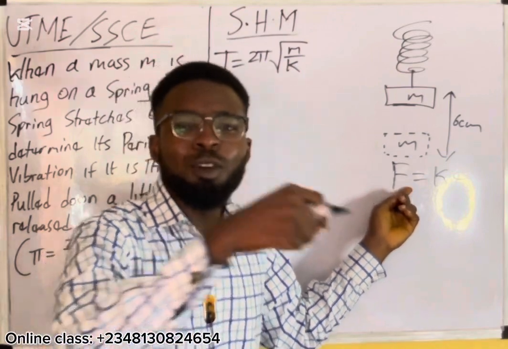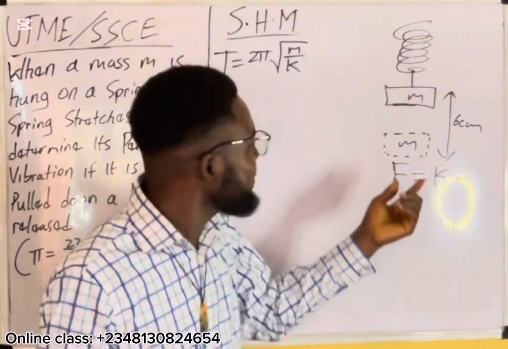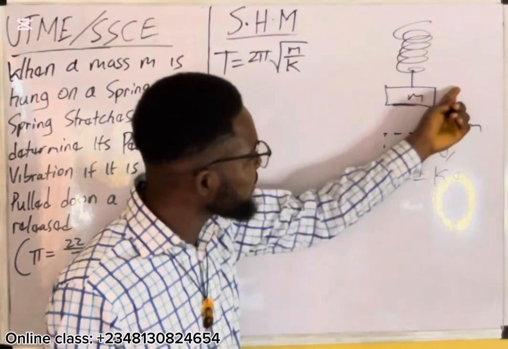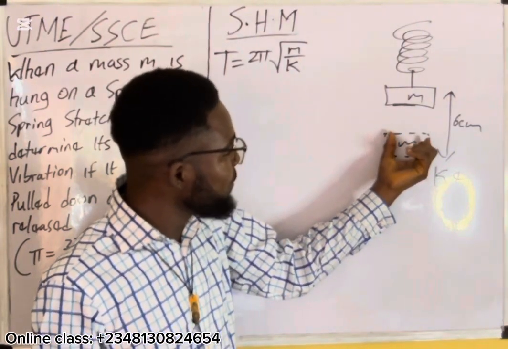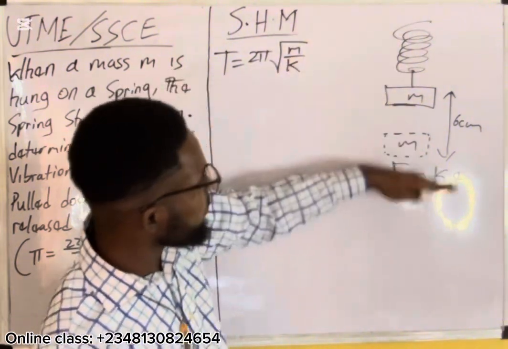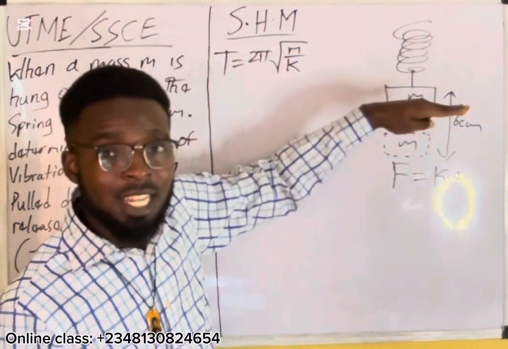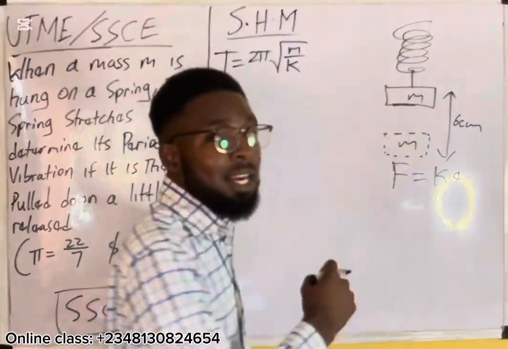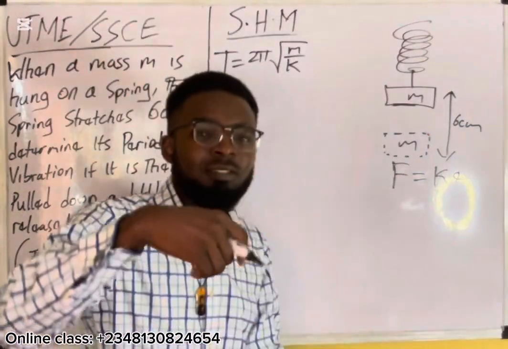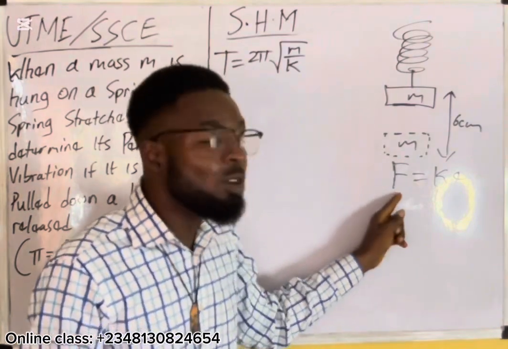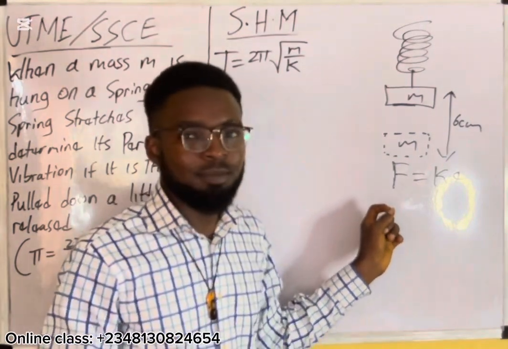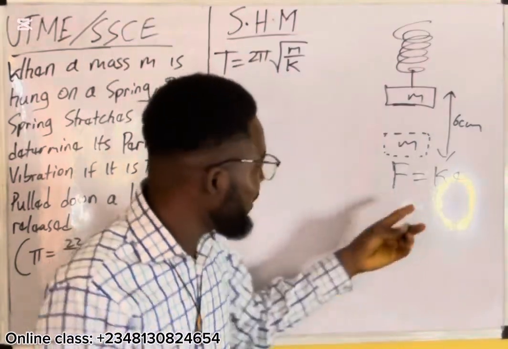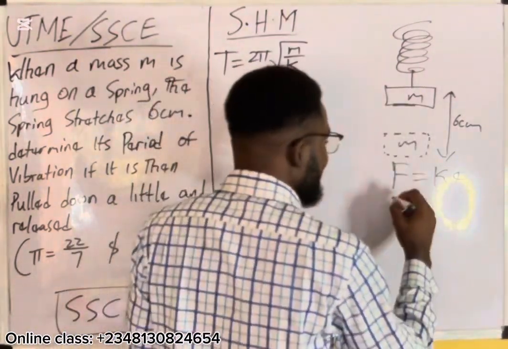More reason you have to be on my YouTube channel. Because if this mass pulls this spring a little bit by 6 centimeters, it starts oscillating. There is a force whose aim is to restore the mass back to its mean position. That force is the restoring force, which is gotten from Hooke's law. That is, the force is directly proportional to the extension. And what is the force in this case?